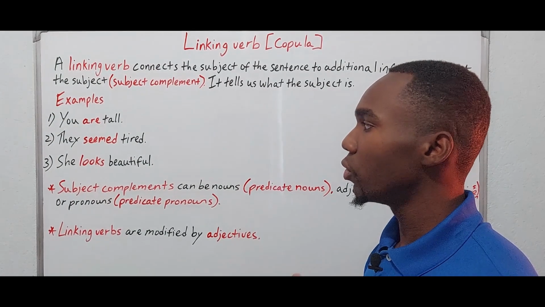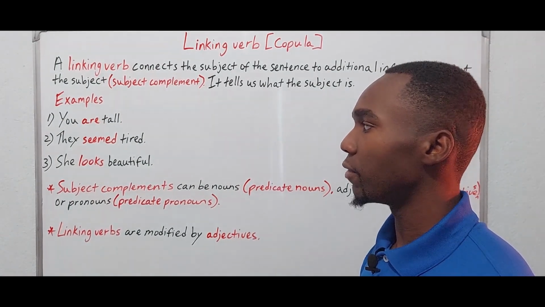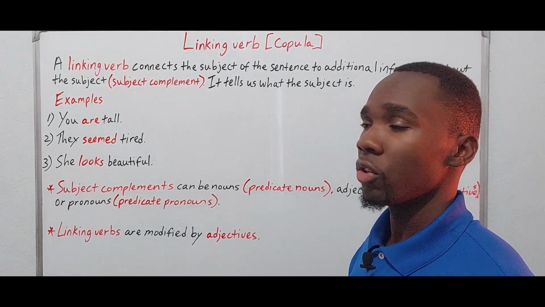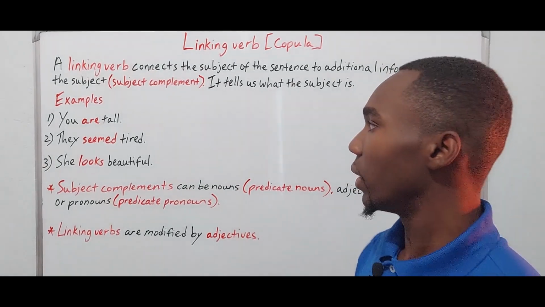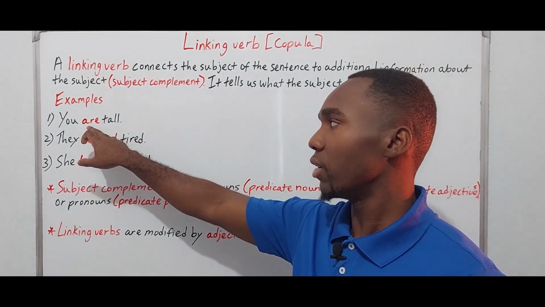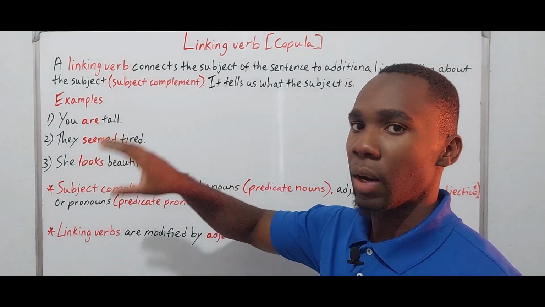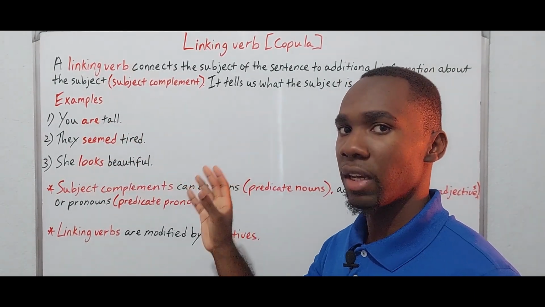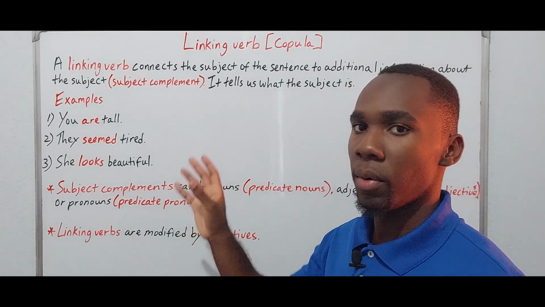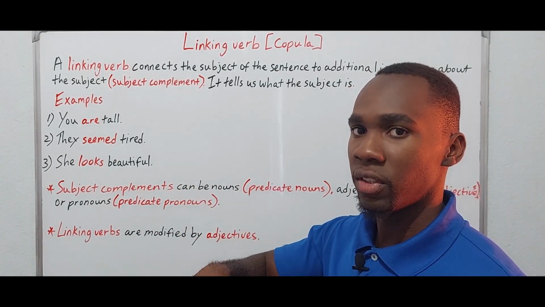So how do we know that a verb is a linking verb? What we can do is look at it and replace it with the equal sign, and whatever follows should give additional information about the subject.